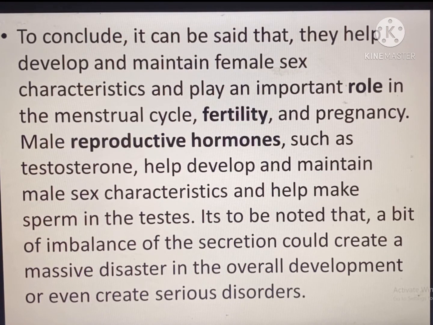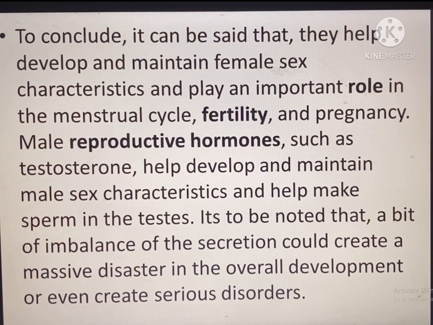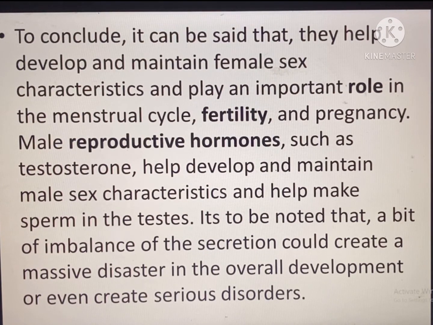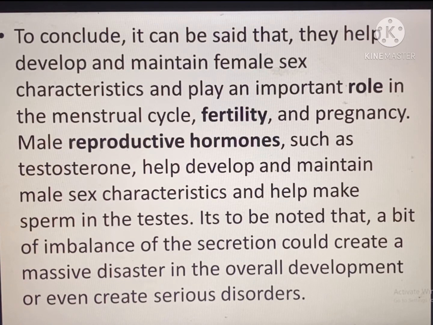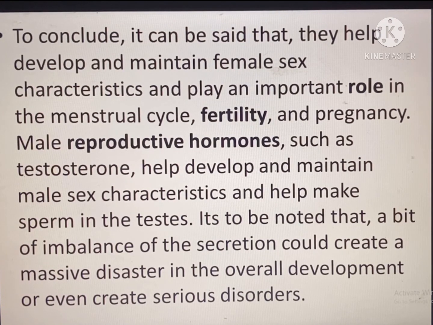It is to be noted that a bit of imbalance in the secretion of these biochemical substances or hormones could create a massive disaster in the overall development or even serious disorders, such as infertility or immaturity in the brain or overall development of the fetal body.